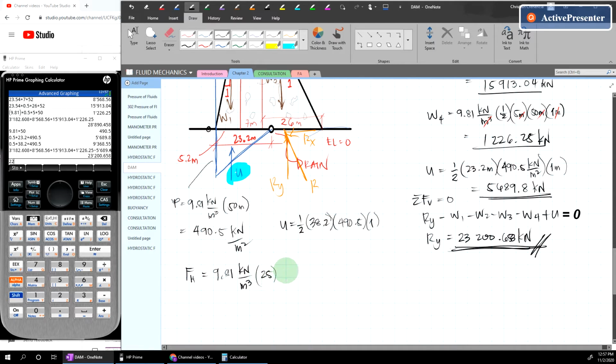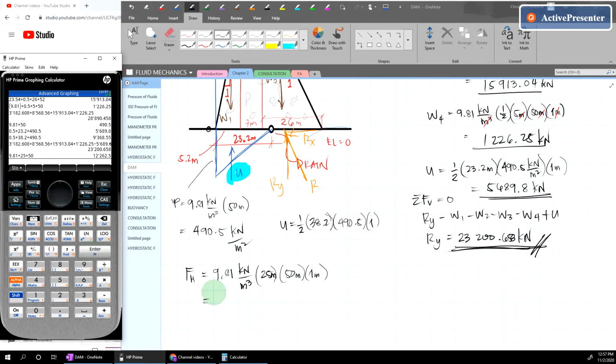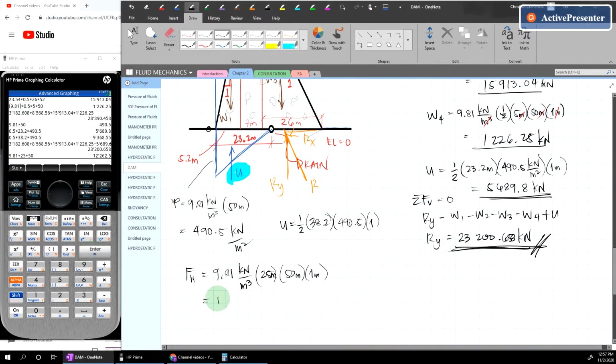Then yung area, this is meter. Area is 50 meters by 1 meter width. Okay. So 9.81 specific weight times 25 times 50. So meron tayong 12,262.5. So this is in kilonewton.